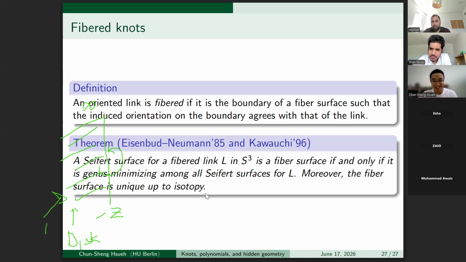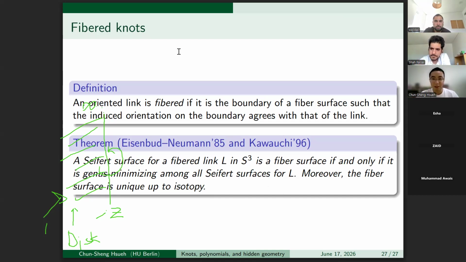Okay, so once you find this fibration, then you are sure that the pages have minimal genus. Yes, exactly. Just a remark: in general, there are knots that have infinitely many different minimal genus Seifert surfaces. So fiberedness makes them very special, having a unique minimal genus Seifert surface.